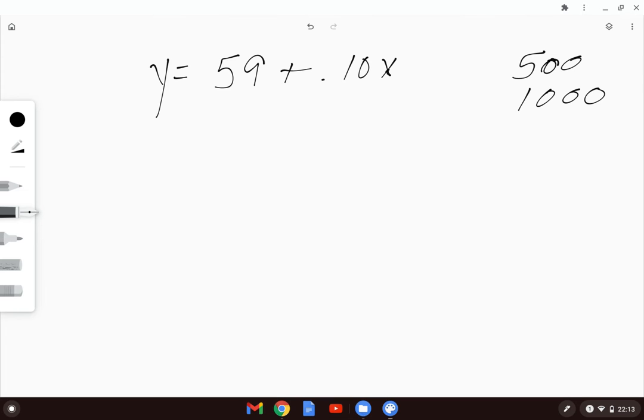Those are going to be the 2 inputs to your function, and you're going to substitute them for the value of X. So Y, which is your total cost, is going to be 59 plus 10 times 500, because we're looking at it for a cost of 500 texts.